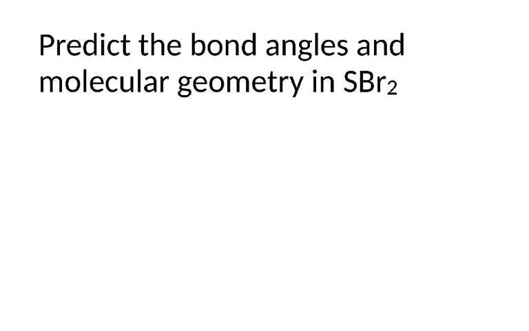All right, an example here, predict the bond angles and molecular geometry in sulfur dibromide. So our sulfur is going to be our central atom. We have 2 bromines here, Brs. Draw some bonds.